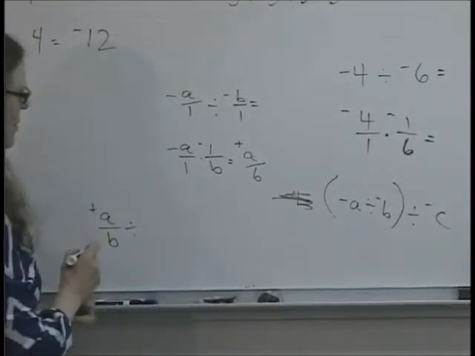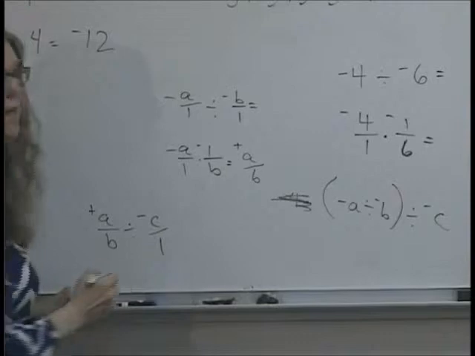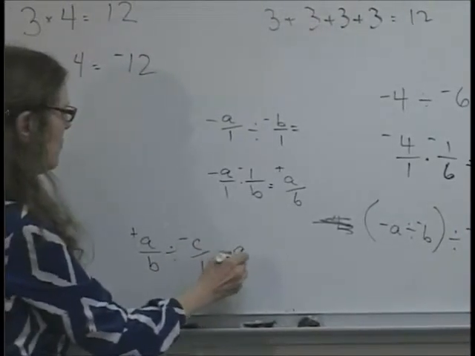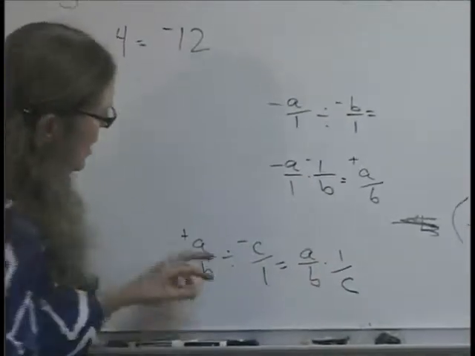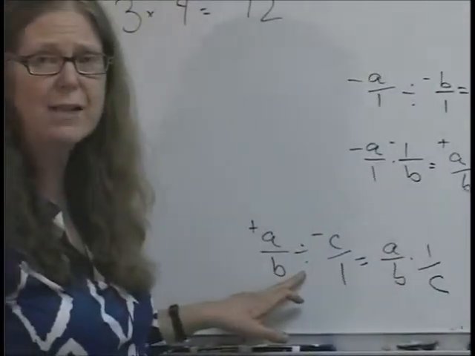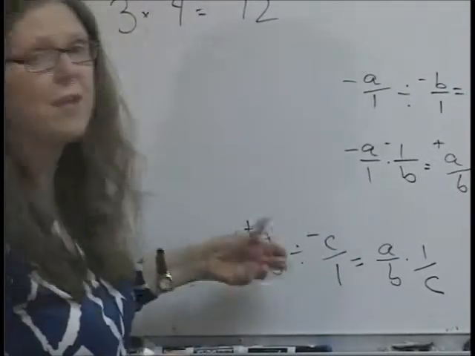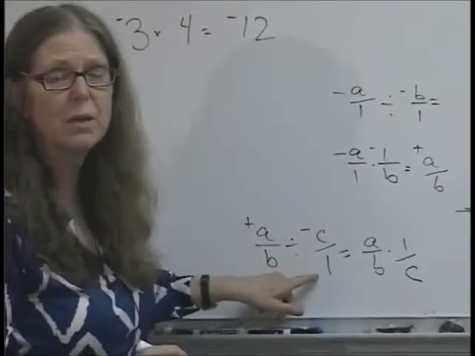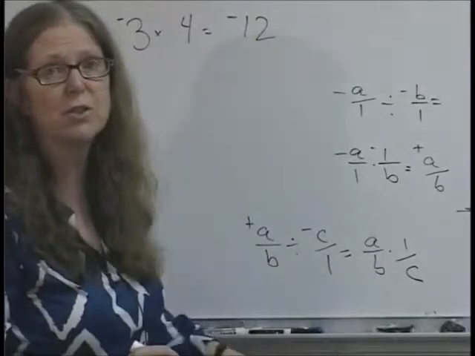It's positive a over b divided by negative c, which is negative c over 1. So this is going to be a over b times 1 over c. Because whenever I have fractions and I'm dividing, it means the same as inverting the second number after the divide sign and changing the division to multiplication.